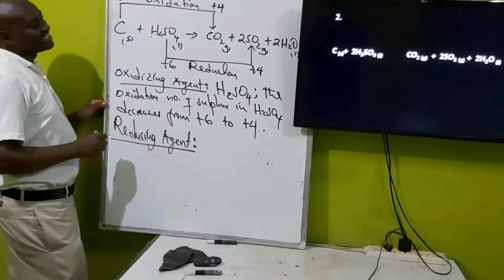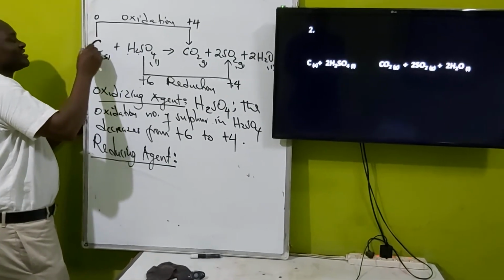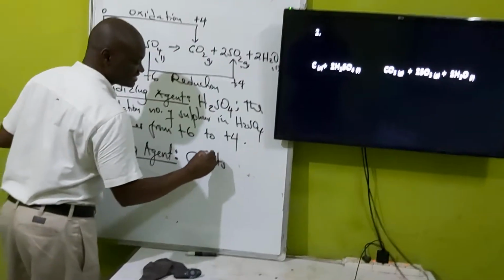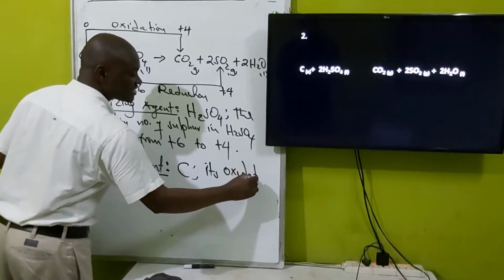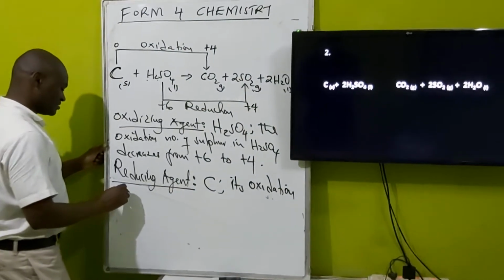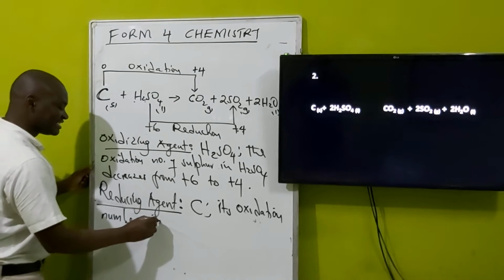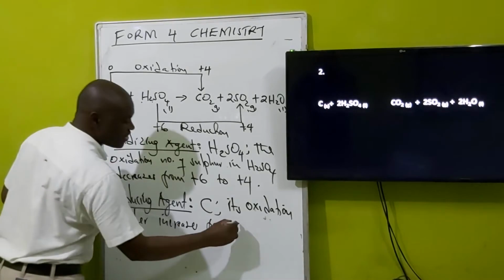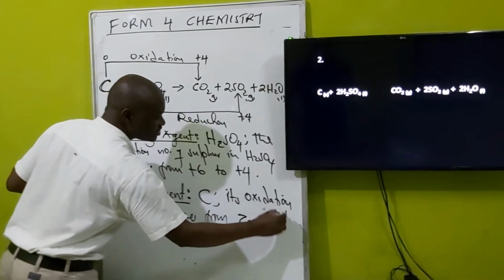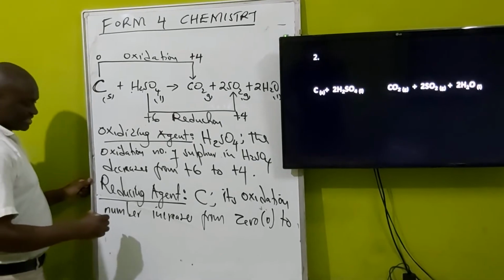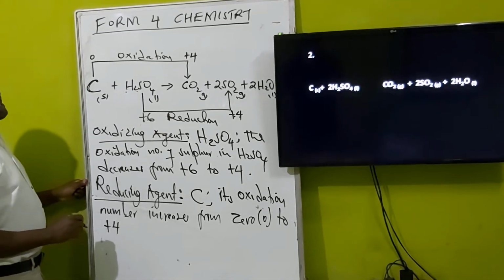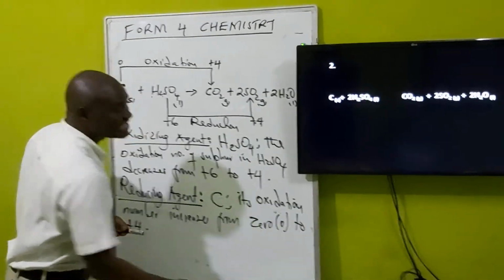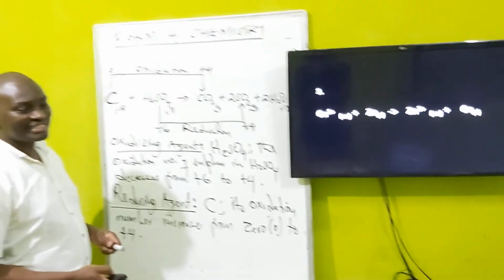For the reducing agents, we have carbon. Carbon is the reducing agent because its oxidation number increases from 0 to +4. So that's how we identify oxidizing and reducing agents.